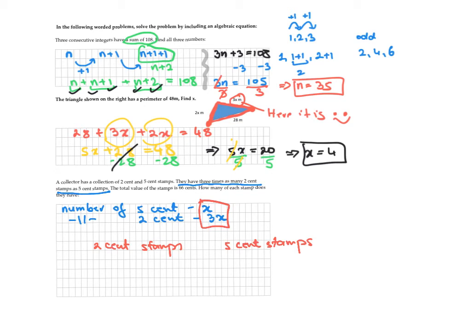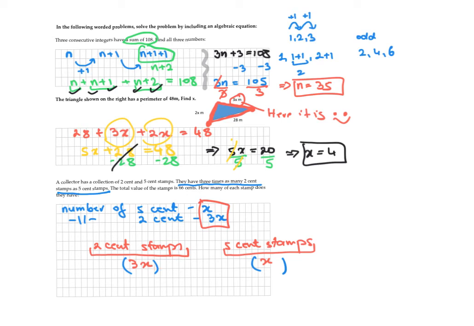So now we do know 5 cent stamps are x, and we do know 2 cent stamps are 3x. However, we now have to be careful because this is the number of 2 cent stamps. How many do we have?